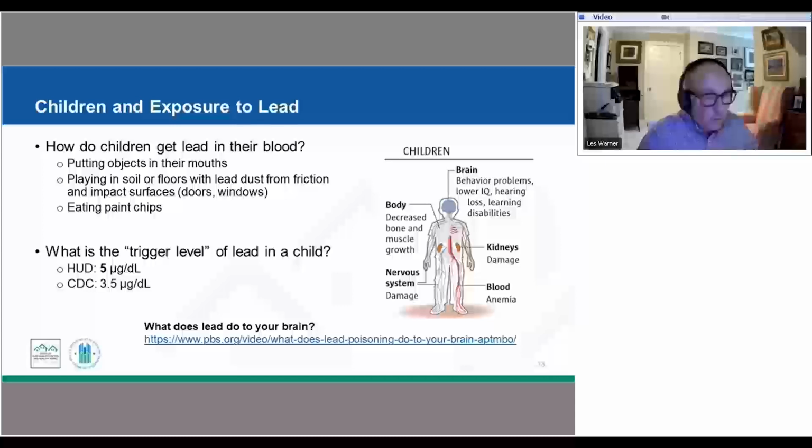And so when we talk about the trigger level of lead in a child, our HUD standard is 5 micrograms per deciliter. That's what our little symbol here stands for. The CDC recently lowered their reference value on this to 3.5 micrograms per deciliter. HUD is going to continue to take action with confirmed lead levels at the 5 micrograms per deciliter.